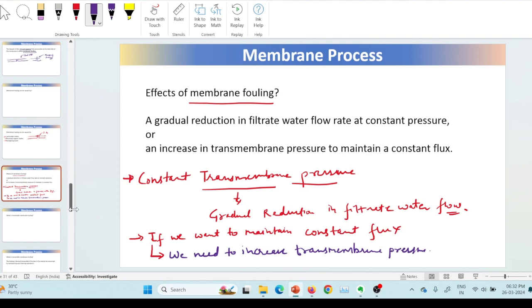Like we have studied in the filtration also, constant head and constant flow conditions.